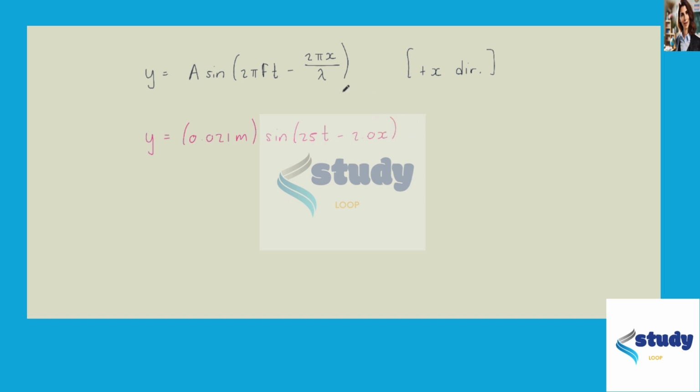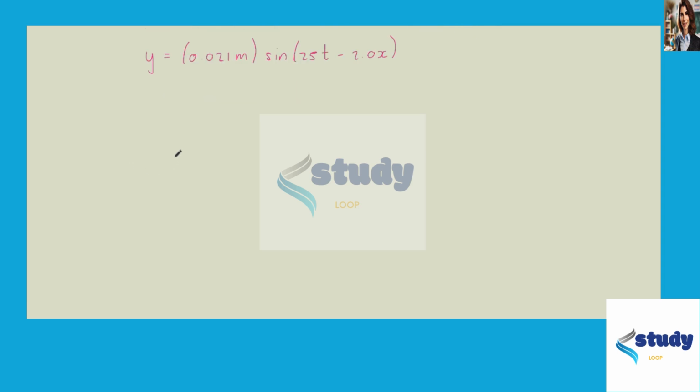So from the general equation, we can see, therefore, that 2 pi f times t is equal to 25 times t, which means that 2 pi times f is equal to 25. And so we get the frequency f to simply be 25 divided by 2 pi in hertz.